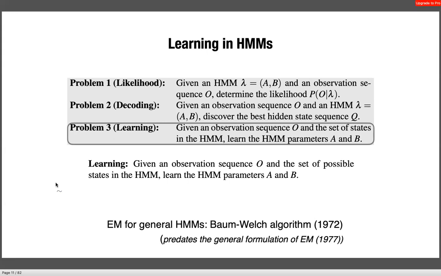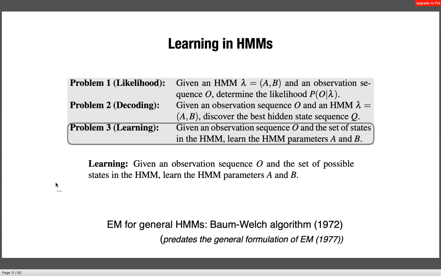For this, we look towards the Baum-Welch algorithm, and this is based on a much more general paradigm, which is known as the expectation maximization algorithm. EM applied to HMMs is the Baum-Welch algorithm. An interesting fact is that Baum-Welch actually predates the general formulation of EM.